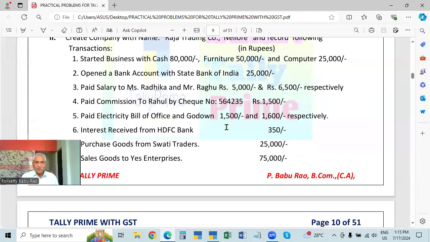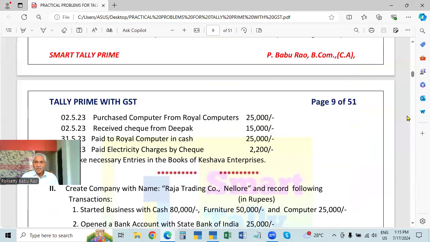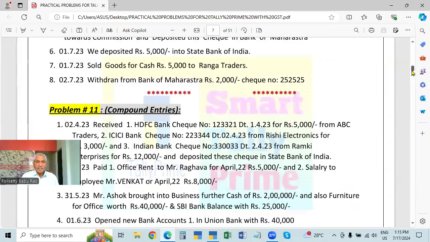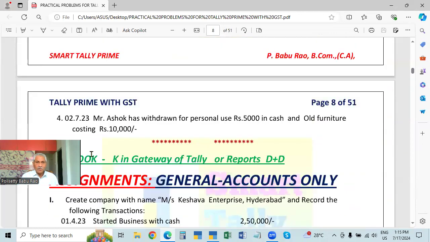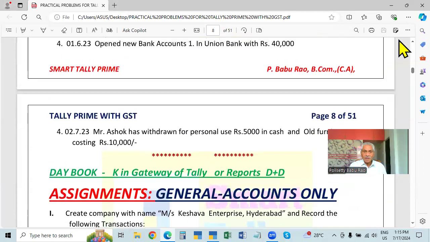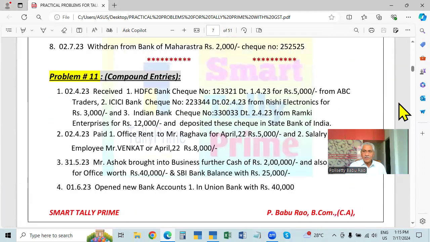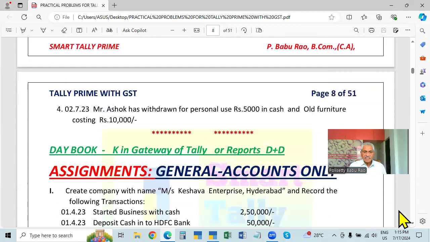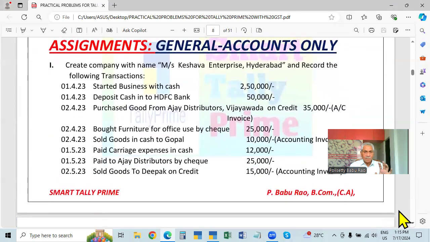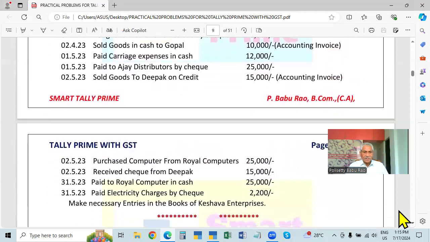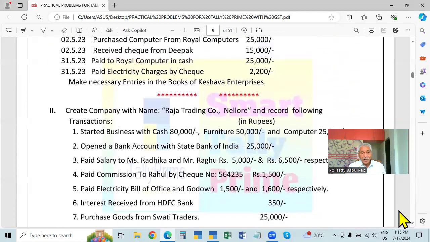See problem number 2. In problem number 1, there are only 12. So what you do is you can take this, stop the video, pause the video, and see the transactions. You can make the entries in your Tally, and this is the second page you can do. And this also you try again.